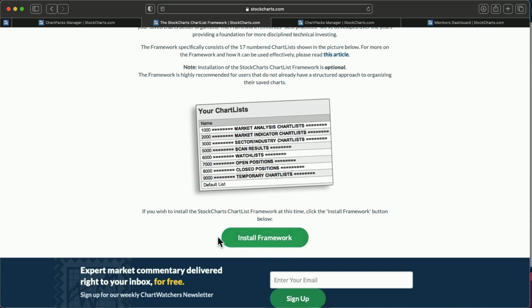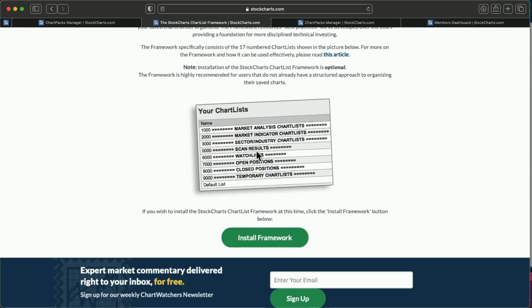But it's very easy, again, to install it, and it's going to set you up with these headings in your chart list, and then you can pretty much change the number. So for example, if you have a scan results and you have a bunch of different scans that you have chart lists for, you would just number them 5100, 5200, however you want to do it. And that will ensure that it will show up under that particular heading.